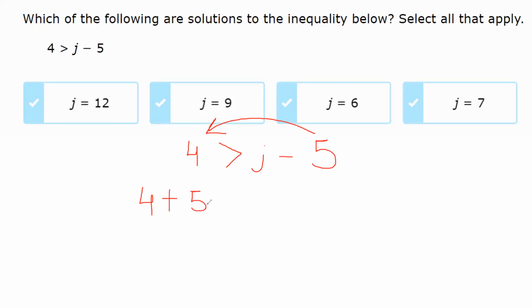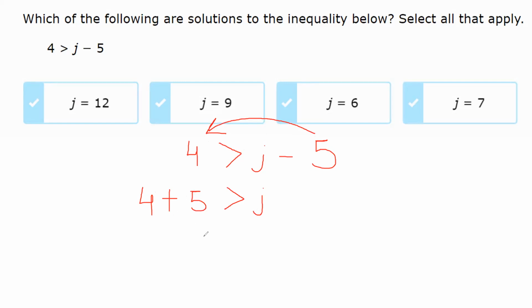So we have that 4 plus 5 is greater than j.